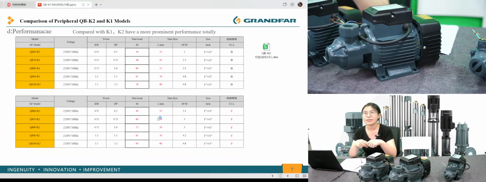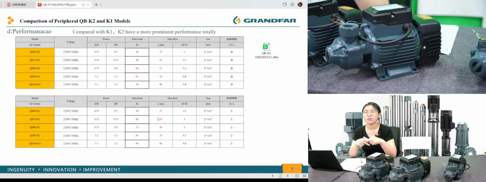And this graph is just like the title says: compared with the QB version K1, the K2 has more prominent performance overall.